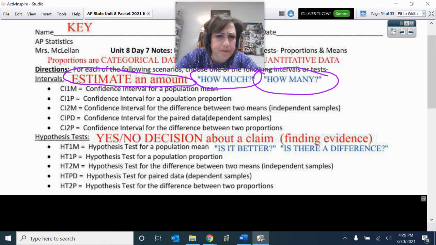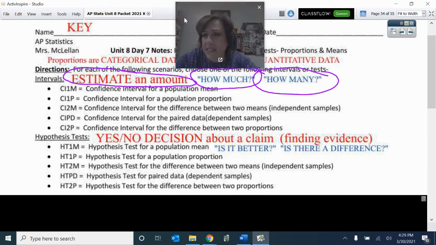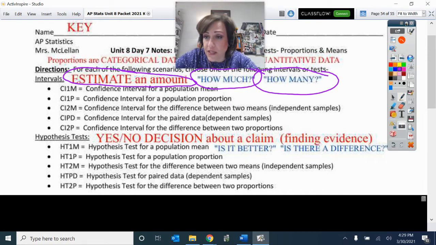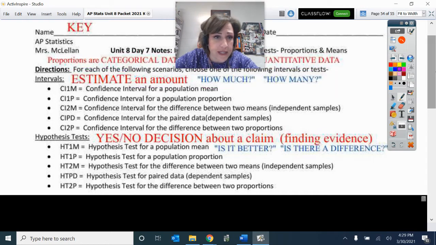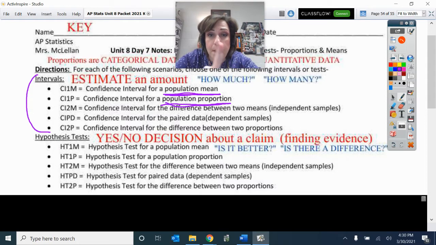So let's see. For our confidence intervals, we've got the different kinds of things for proportions. These intervals are all starting with CI for confidence interval. Confidence interval for a population mean, so we're estimating an average, or a population proportion. So that's one mean or one proportion.